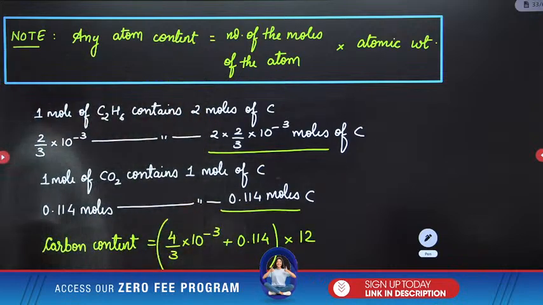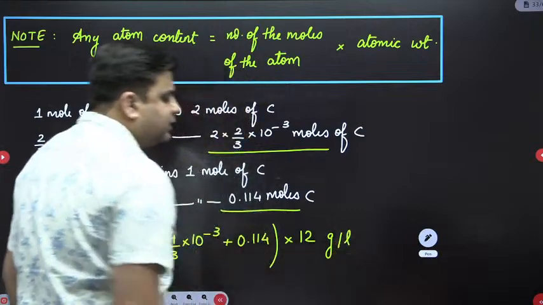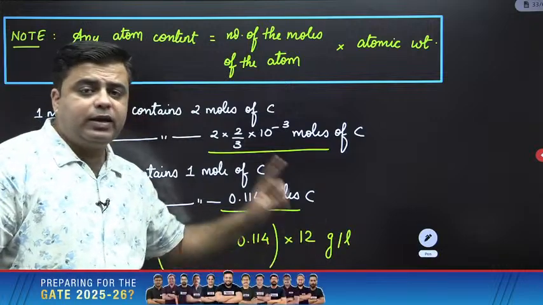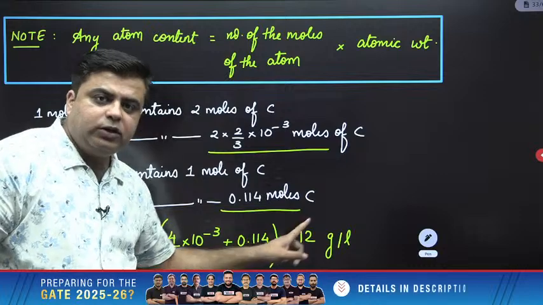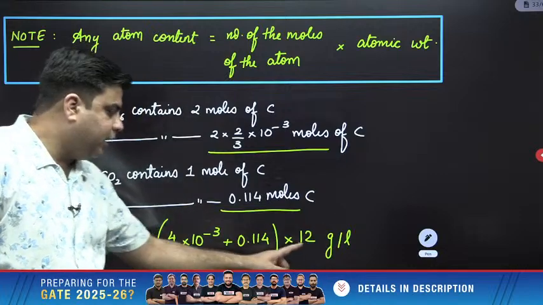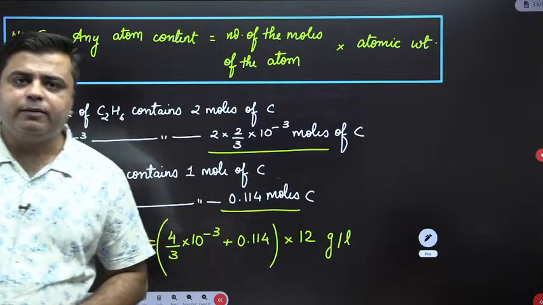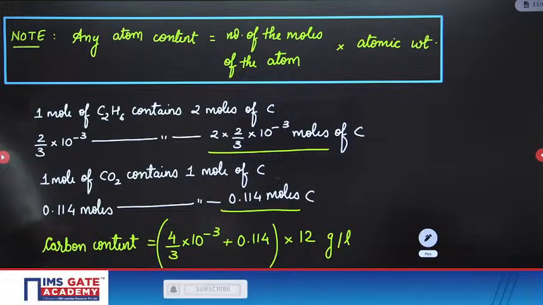This will give you the answer in gram per liter. Units are very important, my dear. If you miss out on the units, then these units will create a severe problem for you. You have substituted this atomic weight in grams, so this will come out in gram per liter. Get me the value in gram per liter first and then convert it into milligram per liter. Please do it. So this will be 4 by 3.